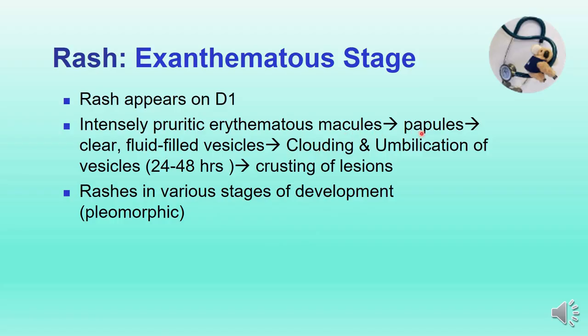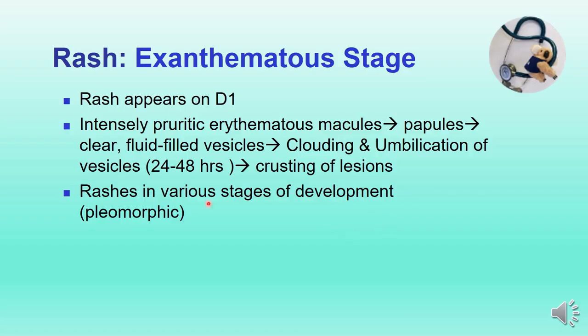That means various stages of the rash are seen at the same time. The rash begins as erythematous macules that progress to papules, then fluid filled vesicles, with clouding and umbilication of the vesicles within 24 to 48 hours, and ultimately crusting of the lesion occurs. All these different crops at different stages can be seen in the same individual at the same time.